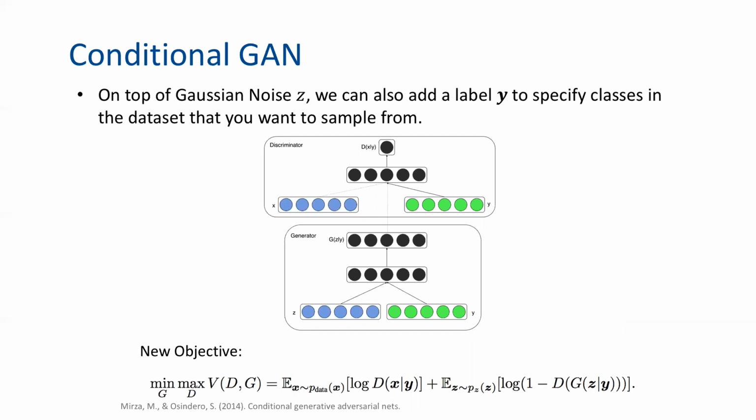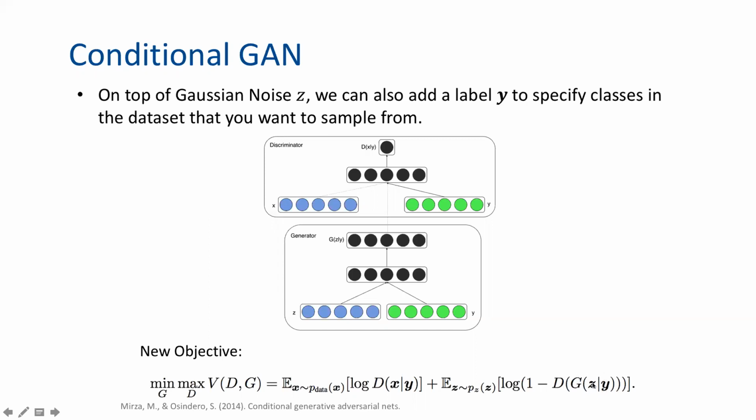So we would like to make the generator produce a sample of an image that's conditioned on the class label this time.